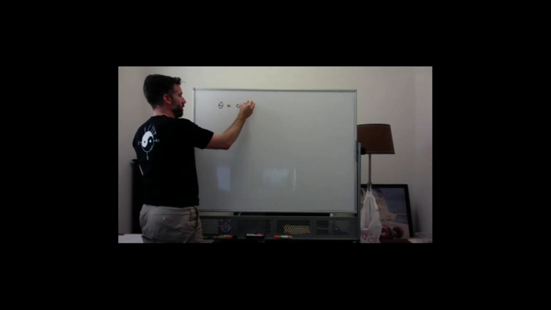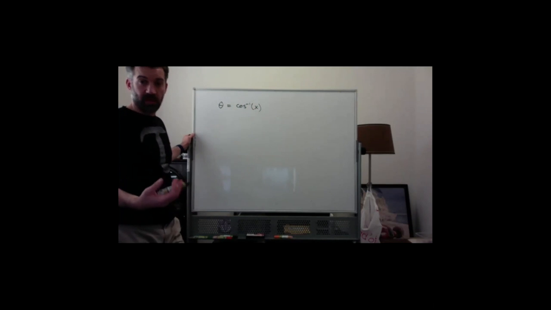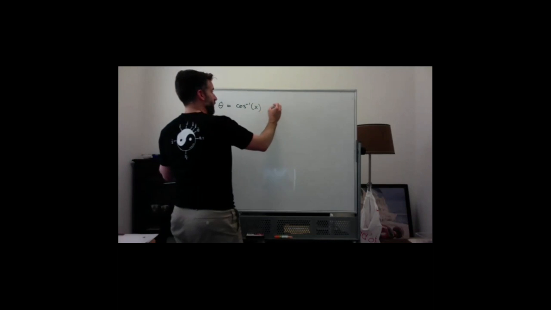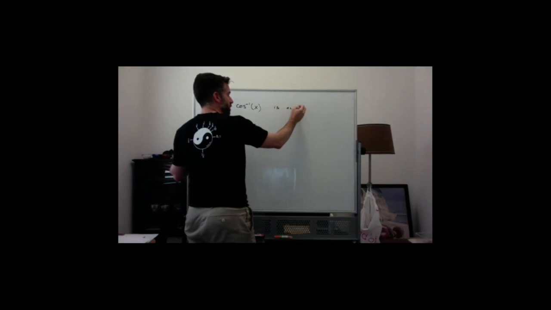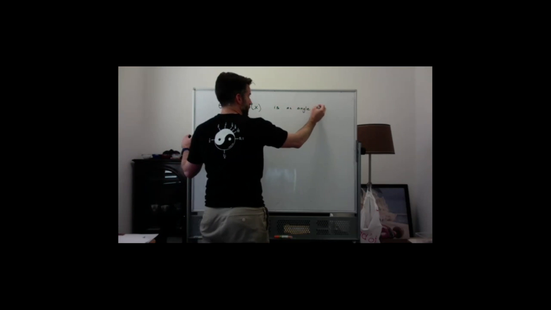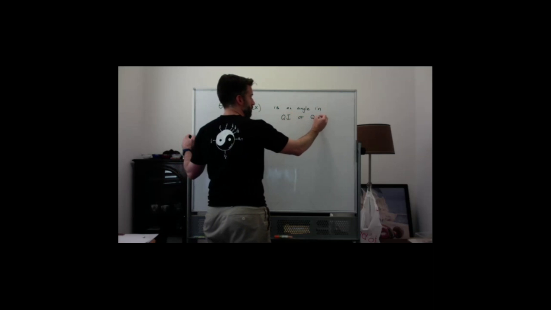We know that for theta equal to inverse cosine of x, theta is an angle. Inverse cosine of x gives us an angle in either quadrant 1 or quadrant 2.